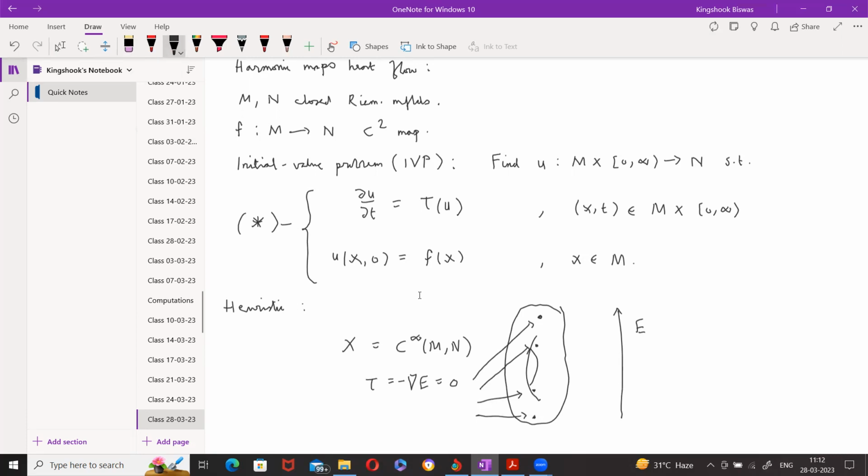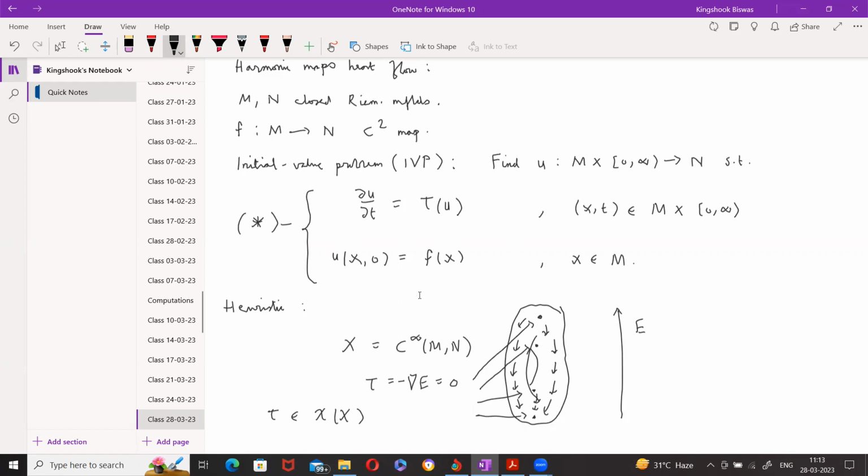So this tension field you think of as a vector field on this infinite dimensional space. In this infinite dimensional space, you're going to move along the direction given by the tension field. So this tau you think of as an element of the tangent space of X. All this is in inverted commas; it's not really a manifold, but you think of it like one.